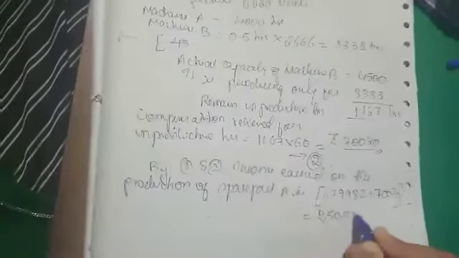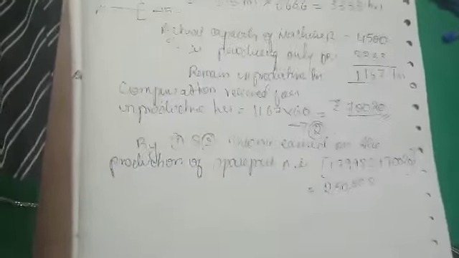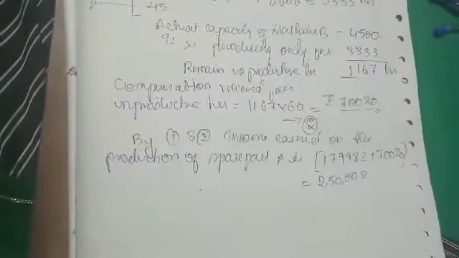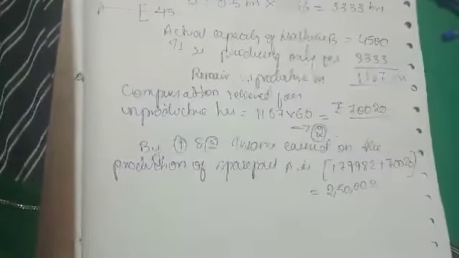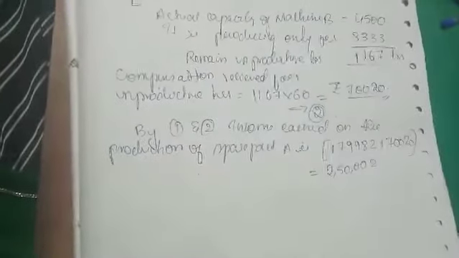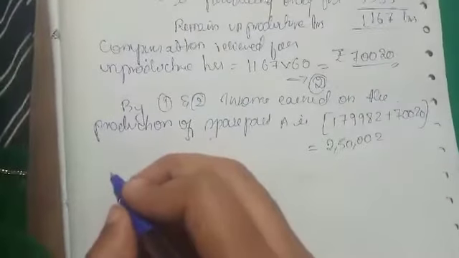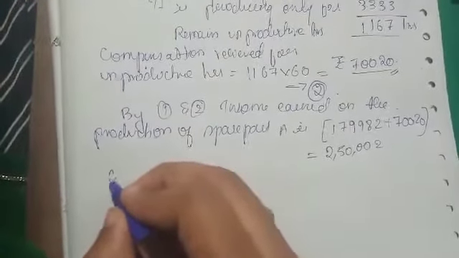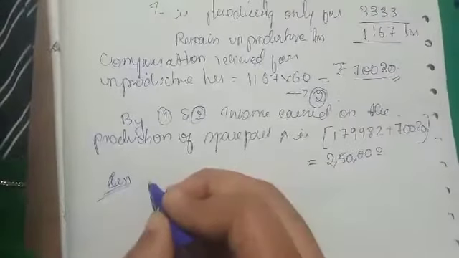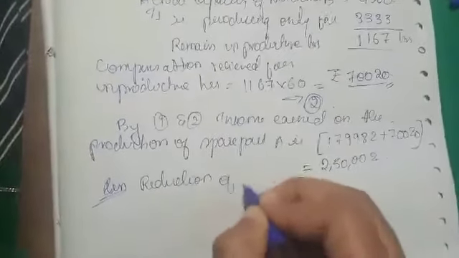2,50,002. And they have also told that they are reducing the sale price by 10%, that is the target price by 10%. So we have to deduct that for getting the correct contribution. So less: reduction of target price.